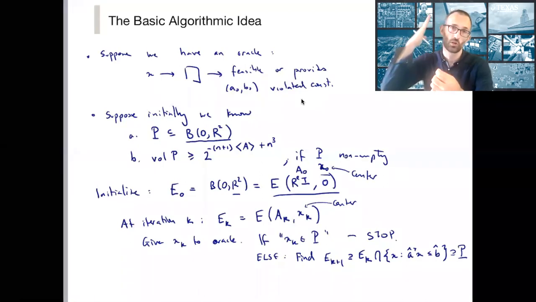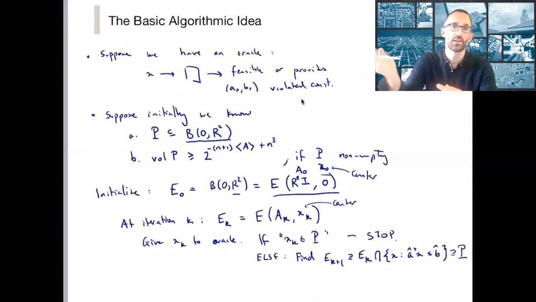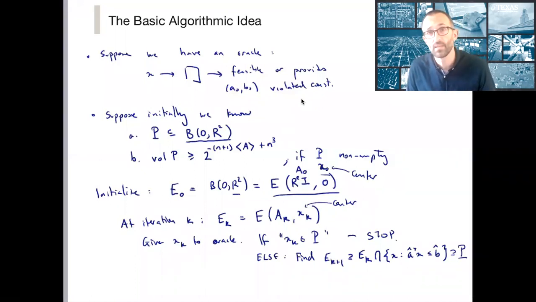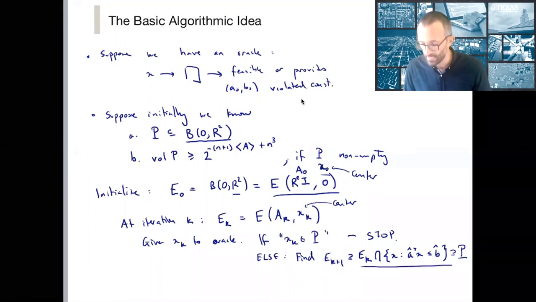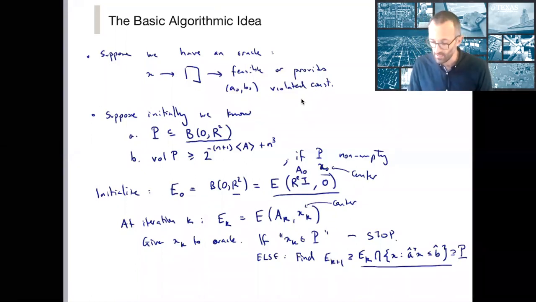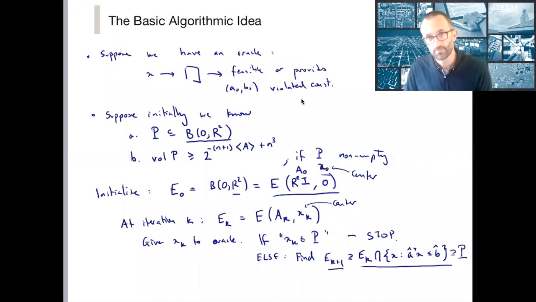But if not, the oracle provides us a half space where P is on one side of that half space. So if we know that P is on one side of the half space, and we also know that P is in EK, then P is also contained in the intersection. So we have this intersection that contains P, and we're going to try to find the tightest ellipsoid we can around it, EK plus 1, and we repeat.